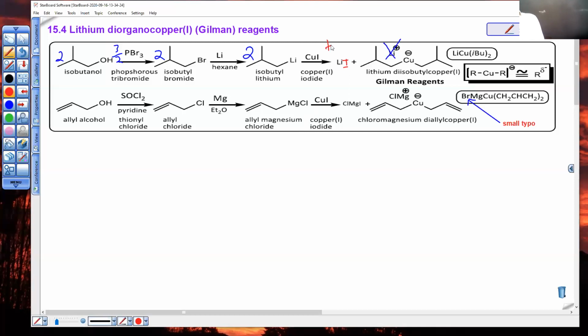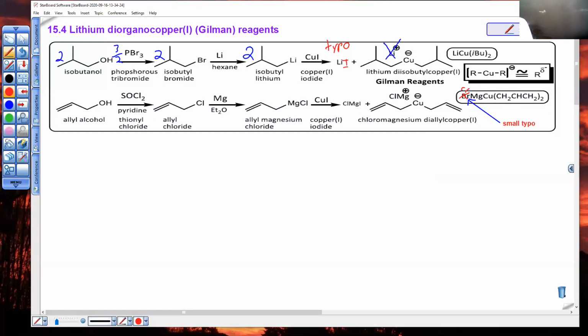Another typo. Once again, these are side products. I'm not too concerned that you even come up with these on a test. So cation, anion here, and cation is really MgCl with iodide as an anion. We have our Gilman here with 2 allyl groups attached. The reason this is a typo is this is not really bromine, it's chlorine.